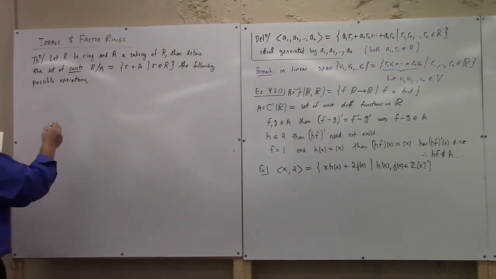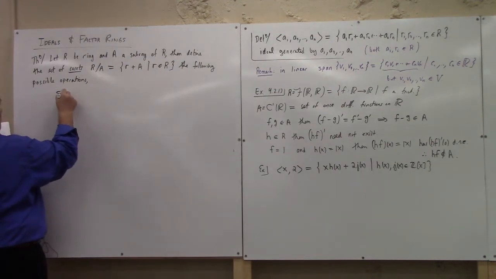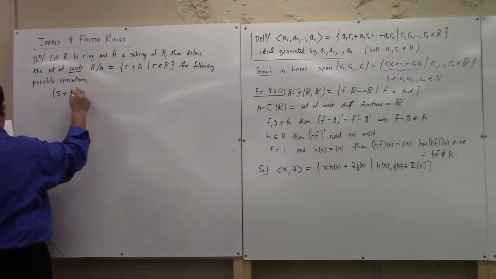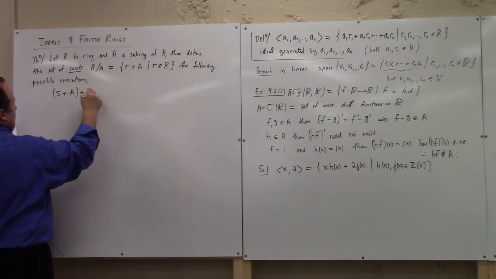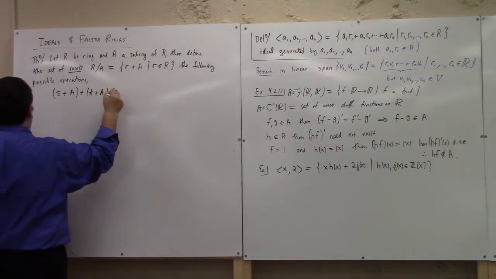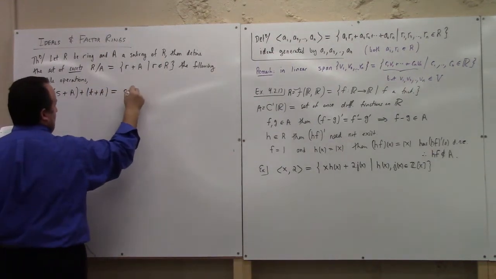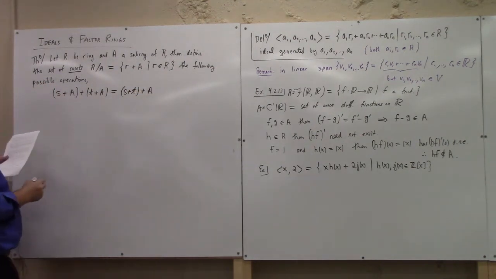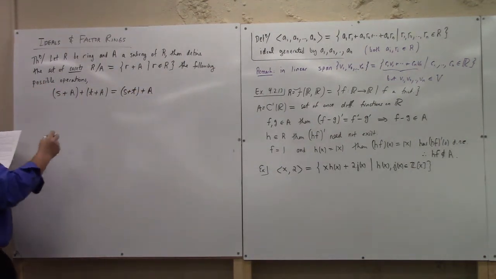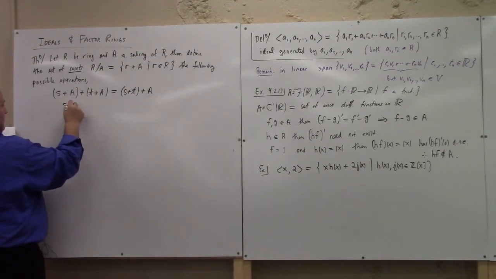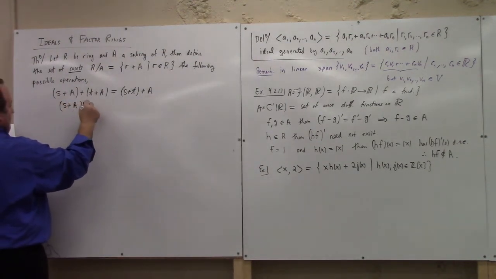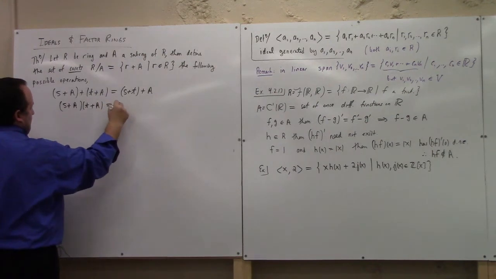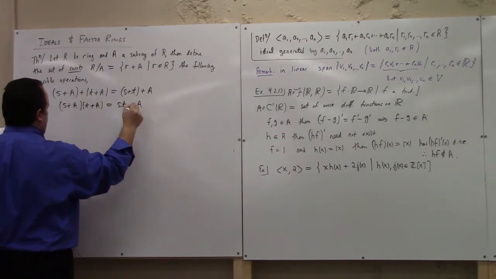And so here we go. Possible operations: (S plus A) plus (T plus A) equals S plus T plus A. In other words, to add the cosets, you add the representatives of said cosets, and multiplying (S plus A) times (T plus A) is equal to ST plus A.